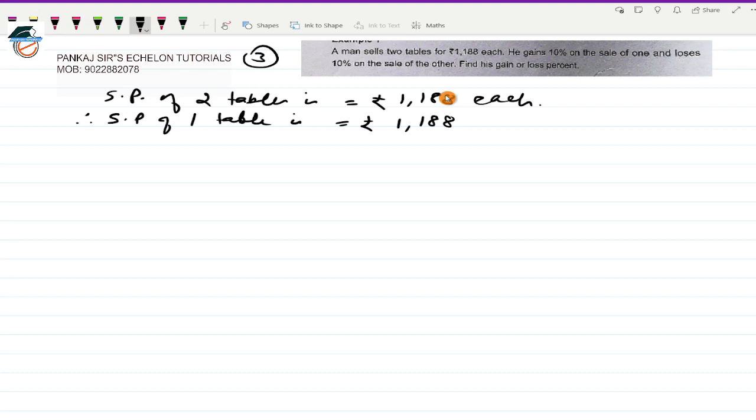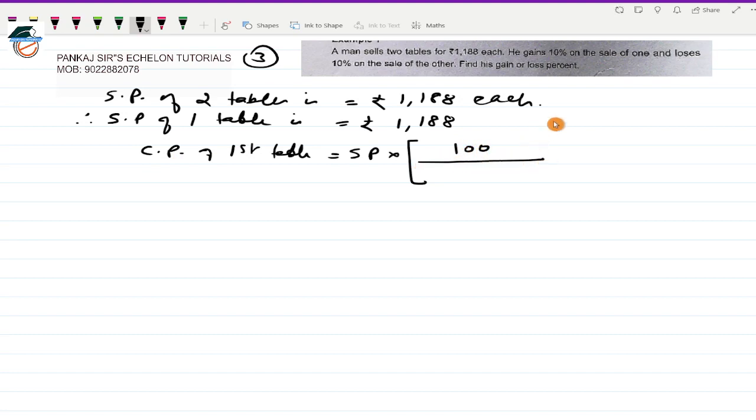Okay, so what we will do is let us find out the cost price of the first table. Now to find out the cost price of the first table we are going to use a formula. Okay, so which formula we'll use? Cost price is equal to selling price multiplied by, because it is cost price that you have to find out, on the top there will be 100.